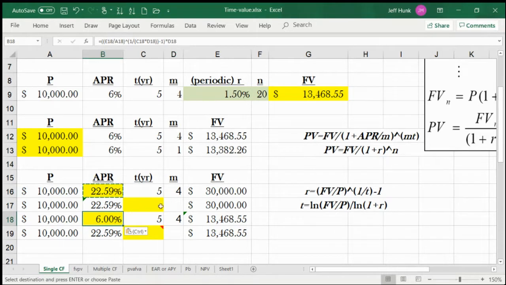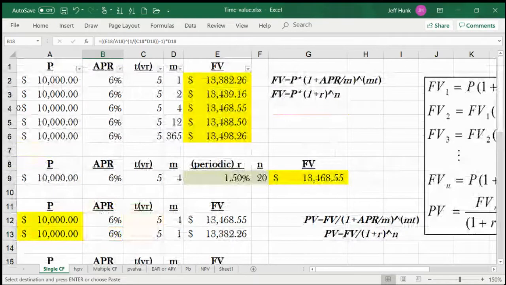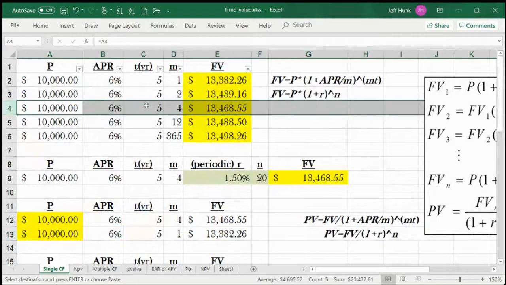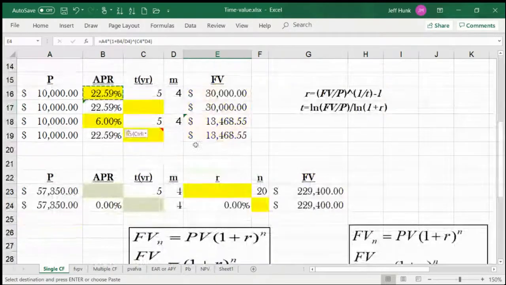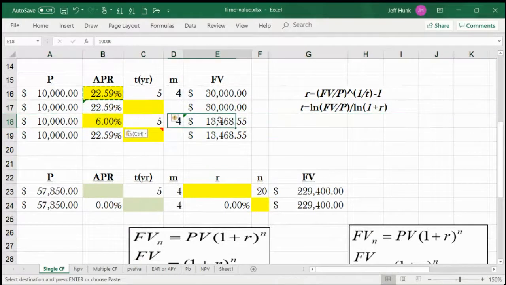We can confirm that we got it right by checking it with the original scenario. In the original scenario, everything was known except for future value. But here, future value is known, and everything else is known, but APR.